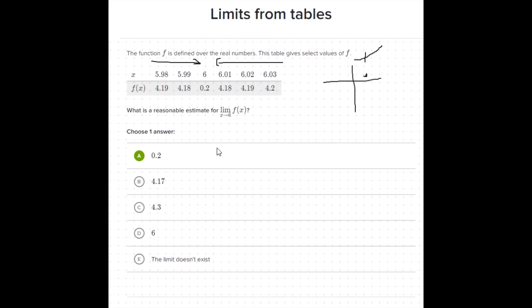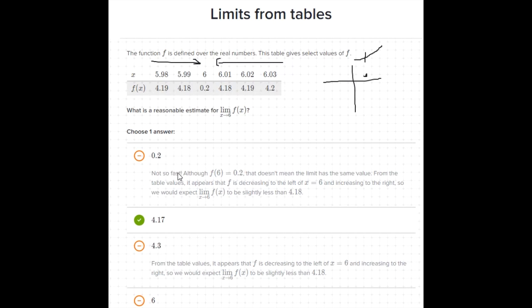So that's what it would look like. So it's not x equals 6, x is approaching 6. And we see here on the table that y is getting closer. It's 4.19, then 4.18. And from the other side, 4.2, 4.19, 4.18. So we see that even if it's 2/100ths apart, they're both approaching 4.17. So that would be the answer. And that's correct.